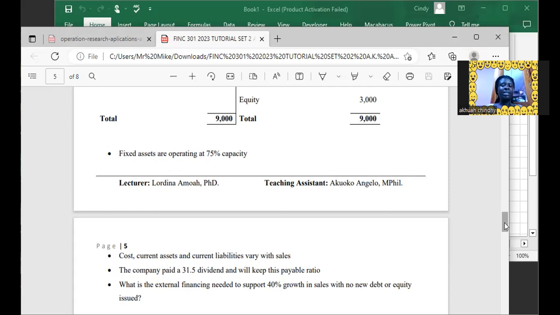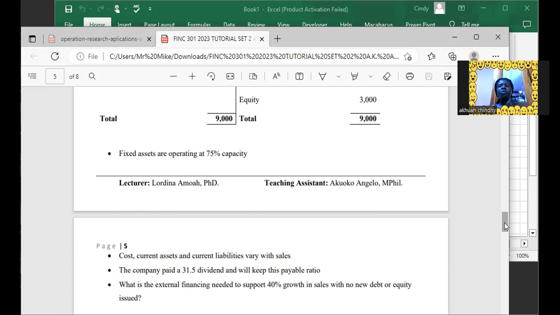But there are certain things that might limit us, because maybe our assets might not be enough to support this capacity growth, or our financing or equities might not be enough to support our debt. So this question is asking that with no new debt or equity being issued, what external financing is needed?